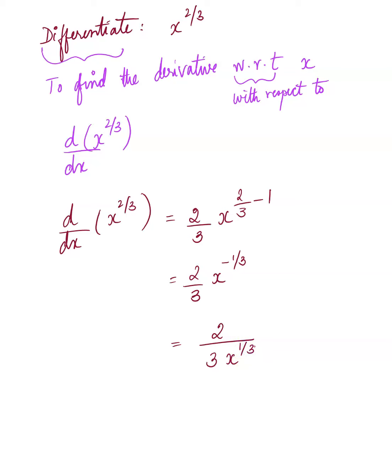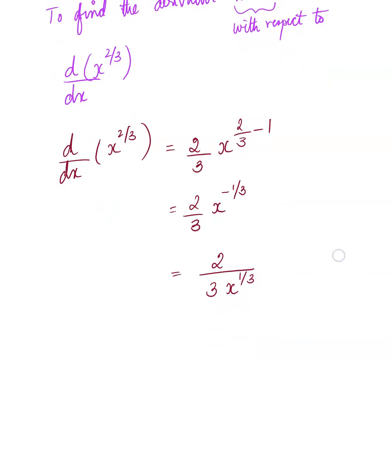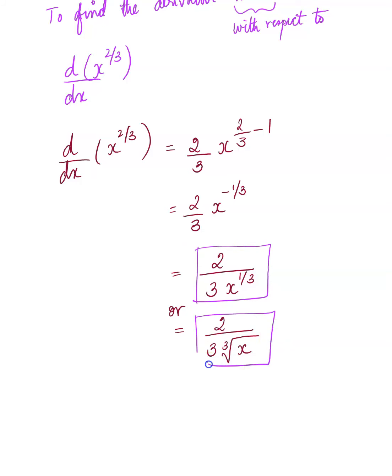And also we know that we like to rewrite this in radical notation whenever possible. So this is nothing but the cube root of x. You can leave it like that also, it just depends on how they want your answer to look. You can put it that way, or you could write it in the radical notation.